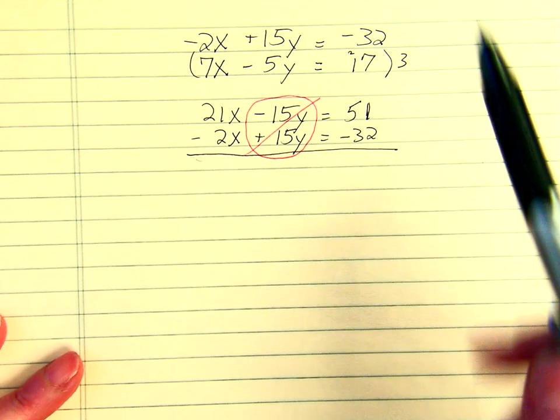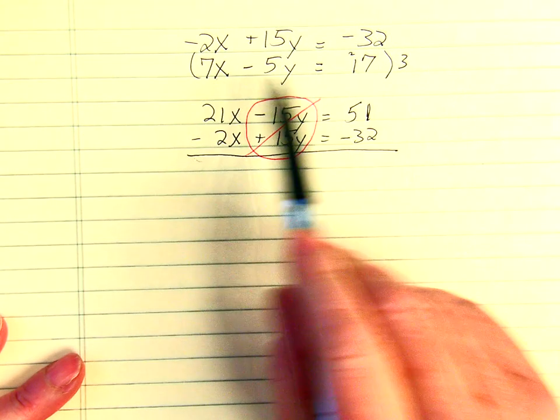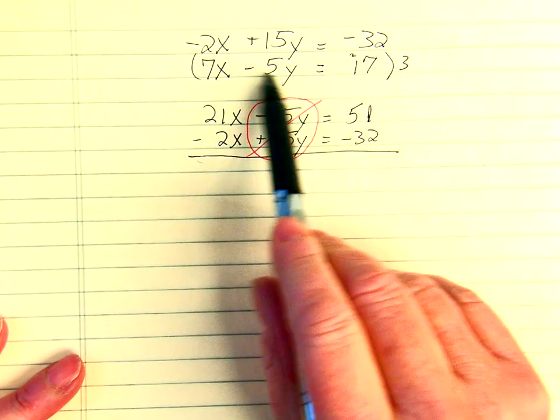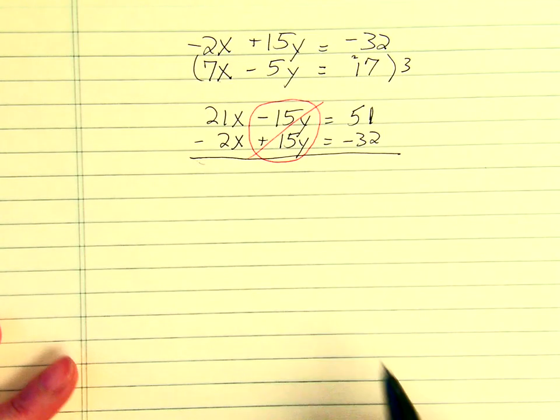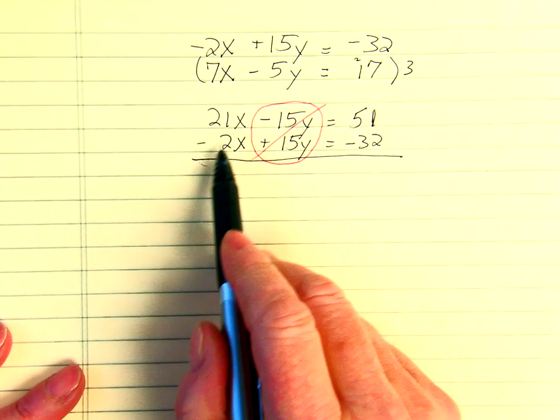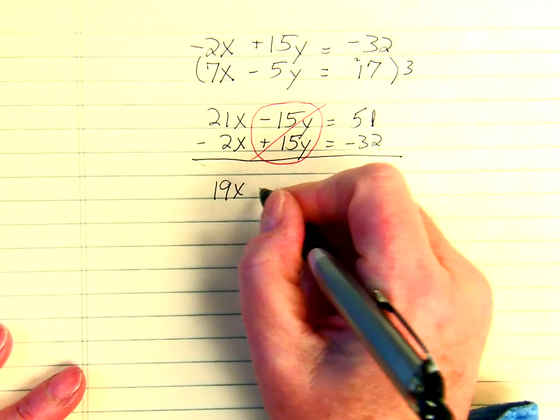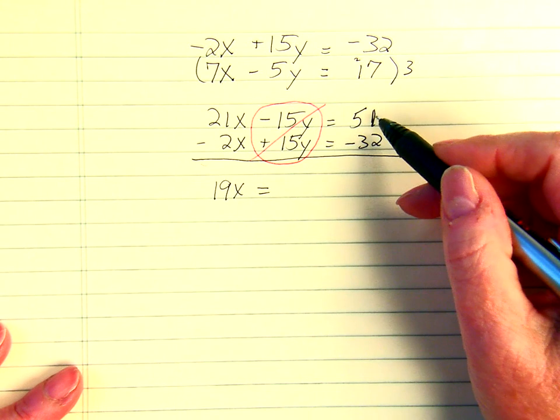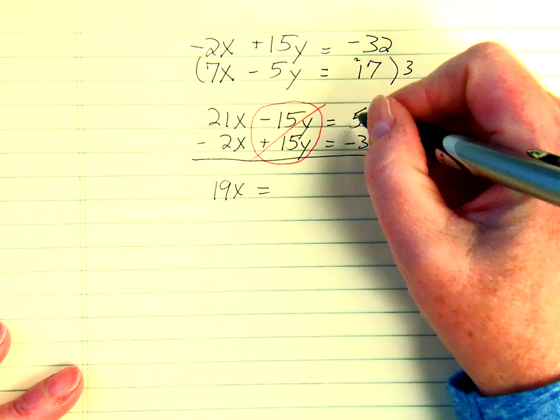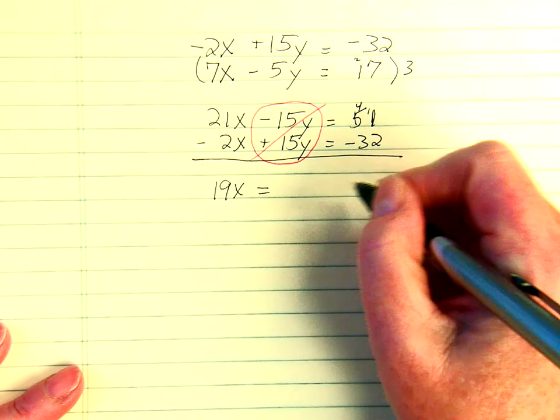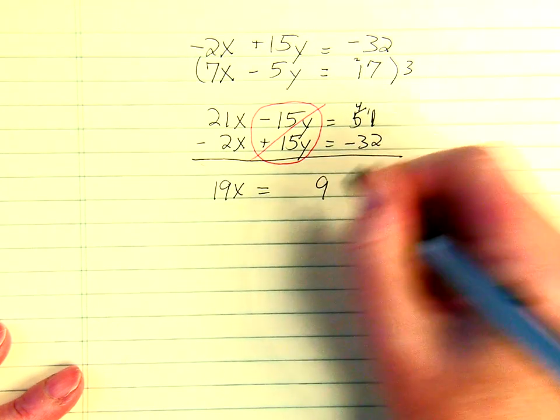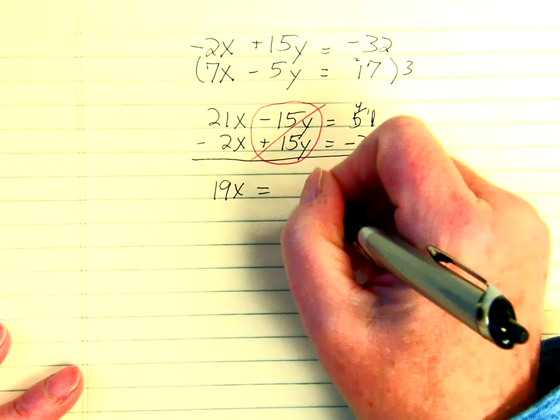Remember, notice I multiplied 3 times each item within that equation. So 21x minus 2x, that's going to be 19x, equals, and 51 minus 32, I know what it's going to be, but I just want to make sure that my brain is not messing with me.